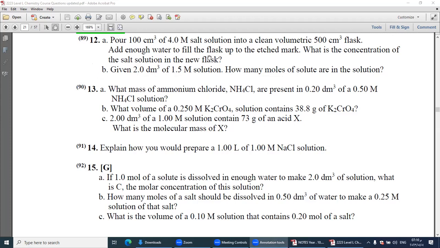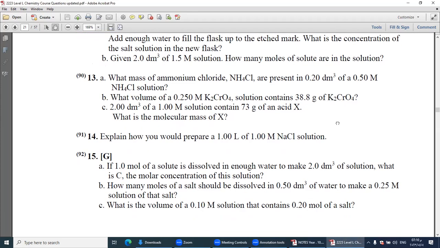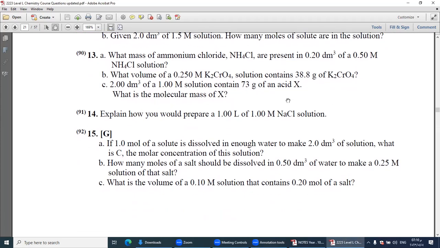After that, number 13. Bara, you can read. What mass of ammonium chloride is present in 0.2 decimeter cubed of a 0.5 M solution? Do you have decimeter cubed? So you have volume, and we have molar, so we have concentration.